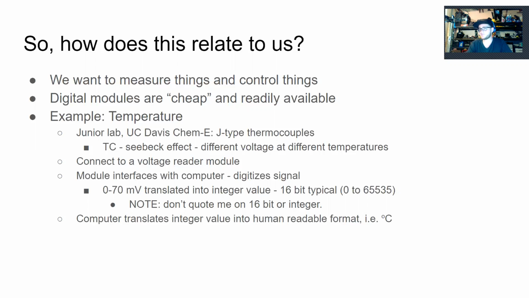Now, if this is an 8-bit system, you only get 0 to 255. So even though you're measuring the same spectrum, right, 0 to 70 millivolts, your resolution of that value when you digitize it is much lower depending on how much memory is allocated to storing this bit, right?